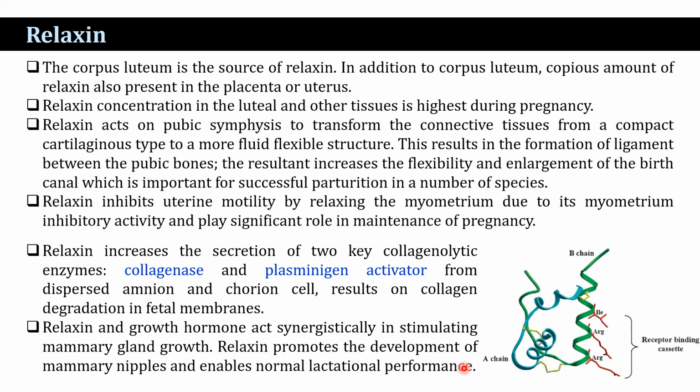Relaxin acts on the pubic symphysis to transform the connective tissue from a compact cartilaginous type to a more fluid, flexible structure. This results in the formation of a ligament between the pubic bones. The result is increased flexibility and enlargement of the birth canal, which is important for successful parturition in a number of species.